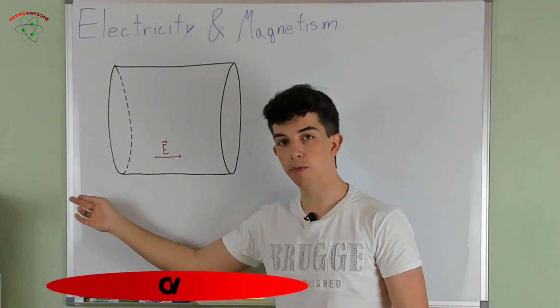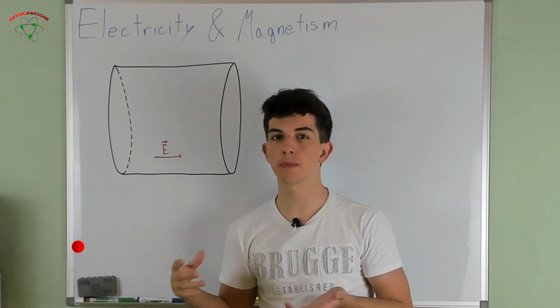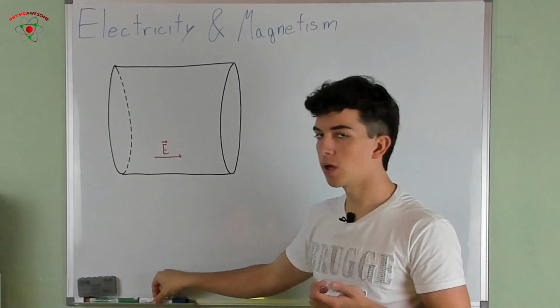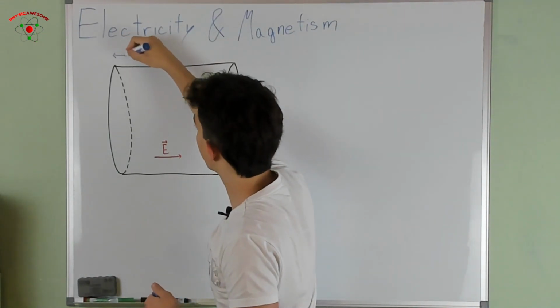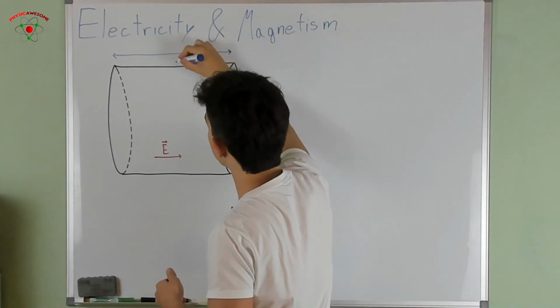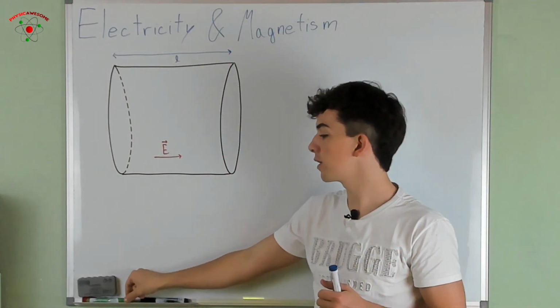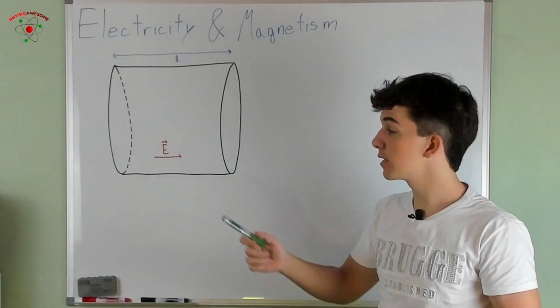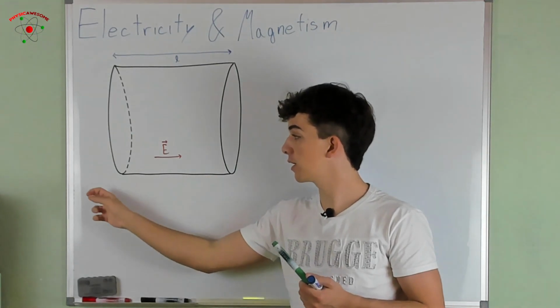Imagine that we have some sort of conducting or semiconductor material, and we have this cross-section of length L, which is being applied an electric field, or is experiencing an electric field. This, of course, means that the voltage is not going to be the same at both edges.